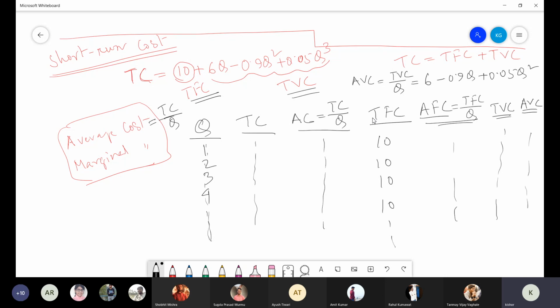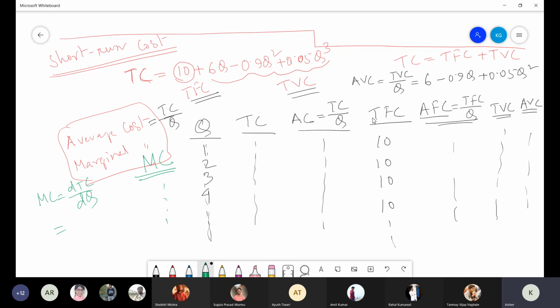Along with that, I'm writing it here. You can write another important variable, that is marginal cost. So MC is what? MC is the first order derivative of total cost, dTC by dQ.